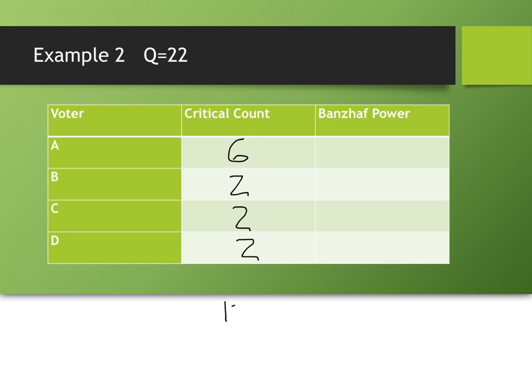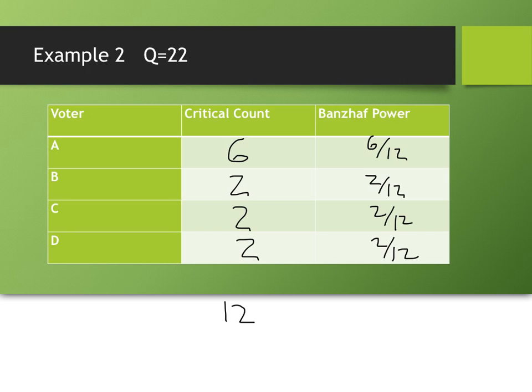Critical count, therefore, is a 12. And the Banzhaf power is 6 out of 12, 2 out of 12, 2 out of 12, and 2 out of 12. Remember, we do not need to reduce those if we don't want to. Okay? So there's our Banzhaf power index.